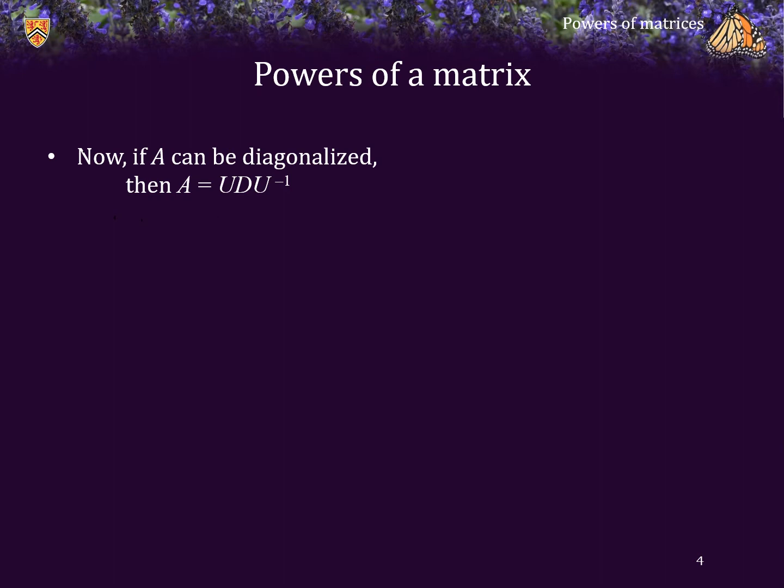Now, suppose that A can be diagonalized, and so I'm just assuming A can be written in the form U times a diagonal matrix D times the inverse of U. And you'll recall, if this is possible, the matrix D contains all of the eigenvalues on the diagonal, and the matrix U is comprised of the corresponding eigenvectors which are normalized.